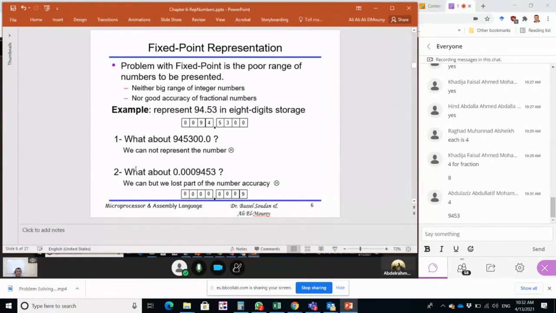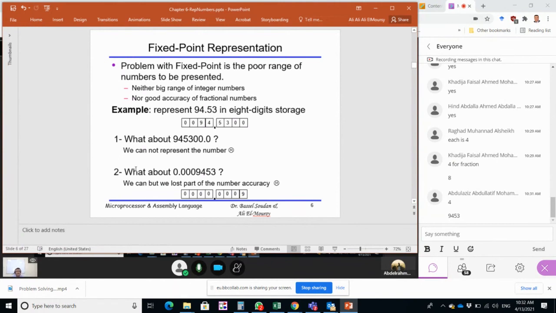The examples in this slide will demonstrate that. Can you see the next number that I'm showing here? The second number that I want to represent here is 945,300.